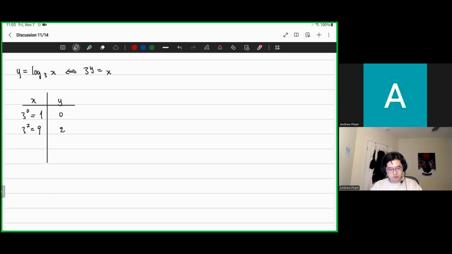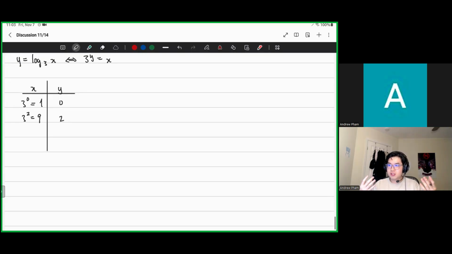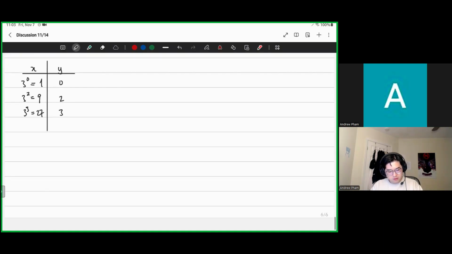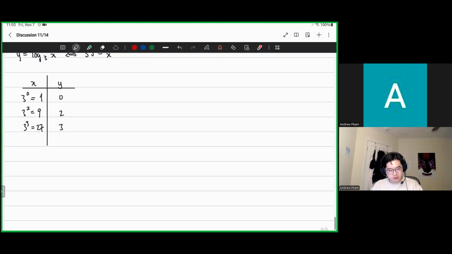Well, then y is 2, right? Exponent finder. So you can write these trivial statements right here, the powers of 3, for example, and the logarithmic value will be precisely the exponent you raise 3 to. 3 cubed is 27. So x is 27 and y is 3. You go in reverse, right?